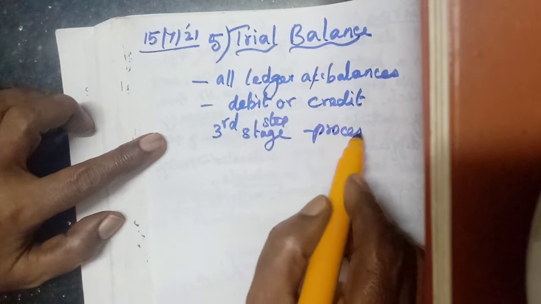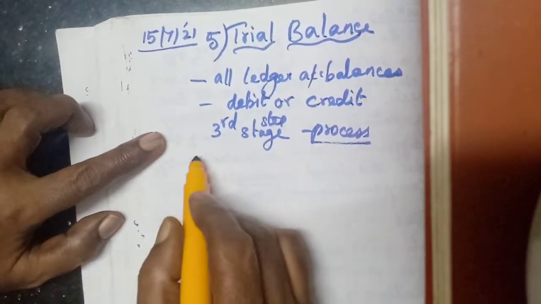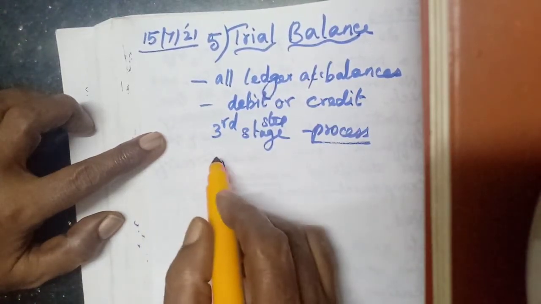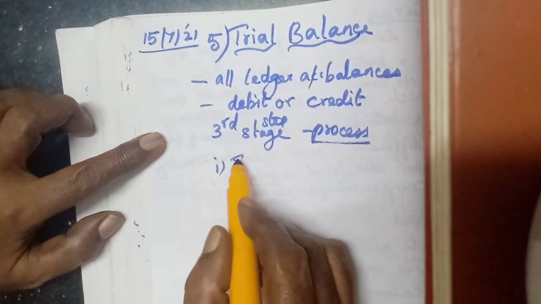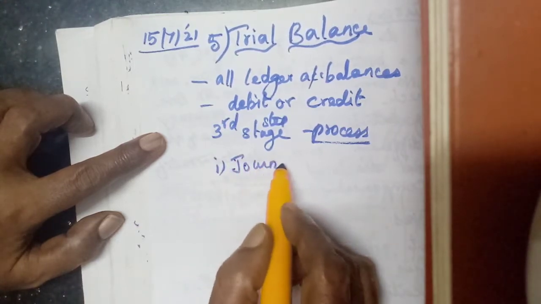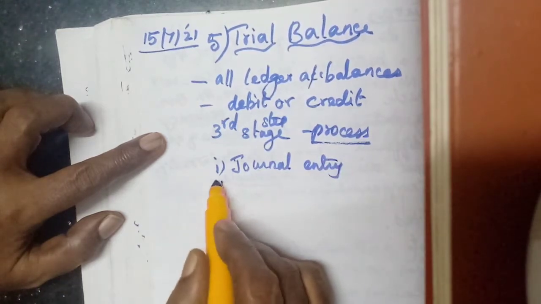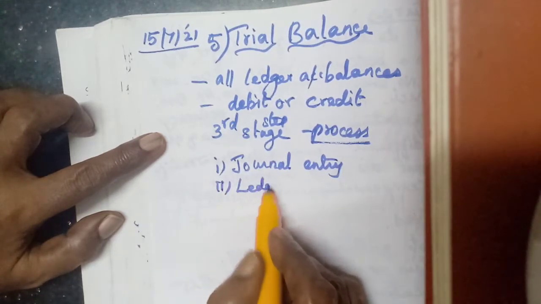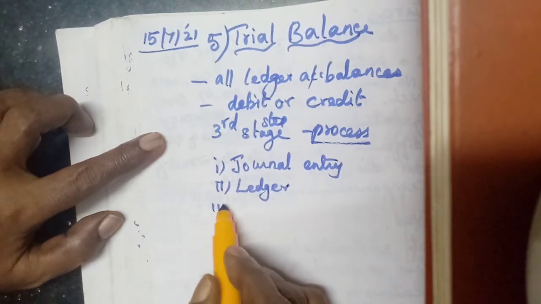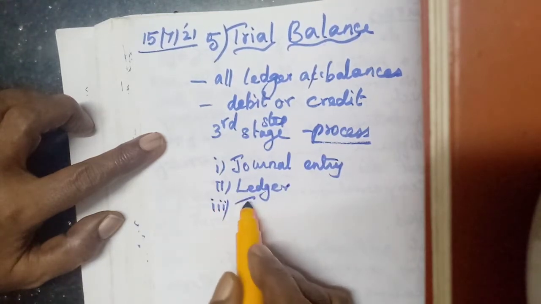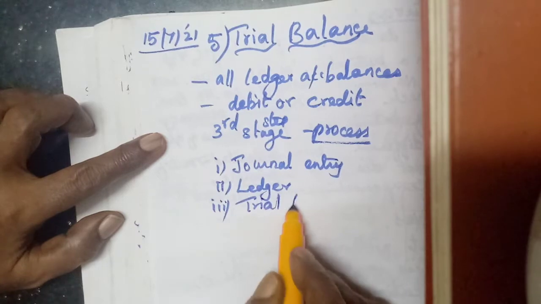We have learned many steps in the process of accounting. What is the first step? Preparing journal entry, isn't it? Then the second step, preparing ledger account, posting in the ledger account. Now the third one, the ledger account balances will be entered in the trial balance.